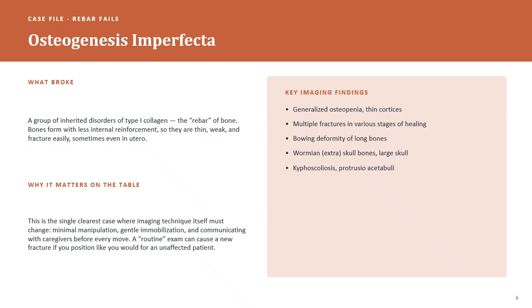As a result, the patient's bones may fracture with very little trauma. Radiographically, we may see generalized osteopenia, thin cortices, bowed long bones, and multiple fractures in different stages of healing.